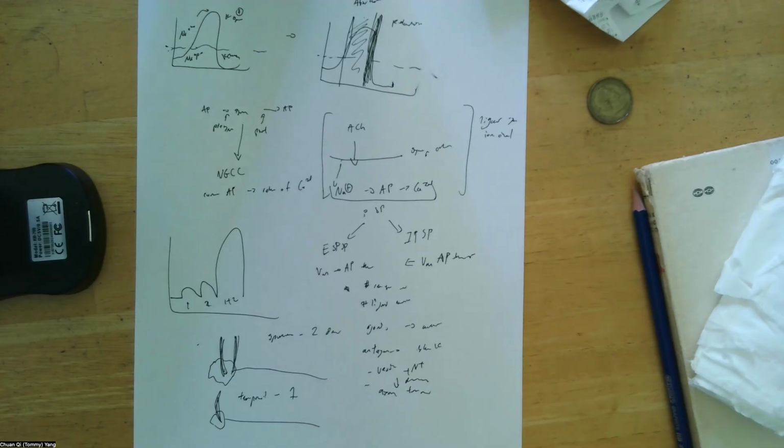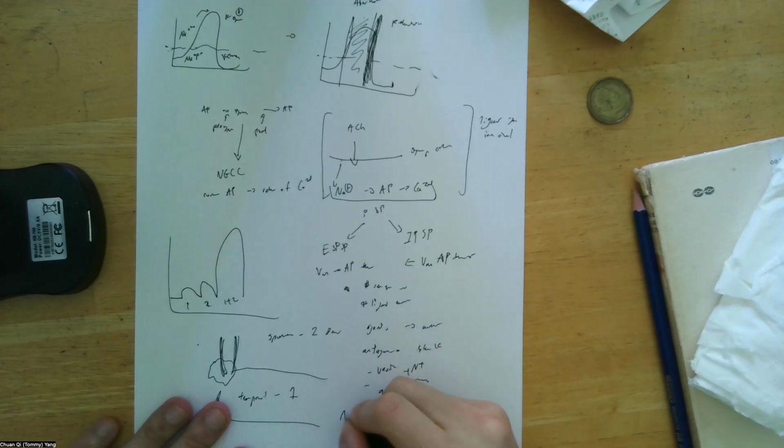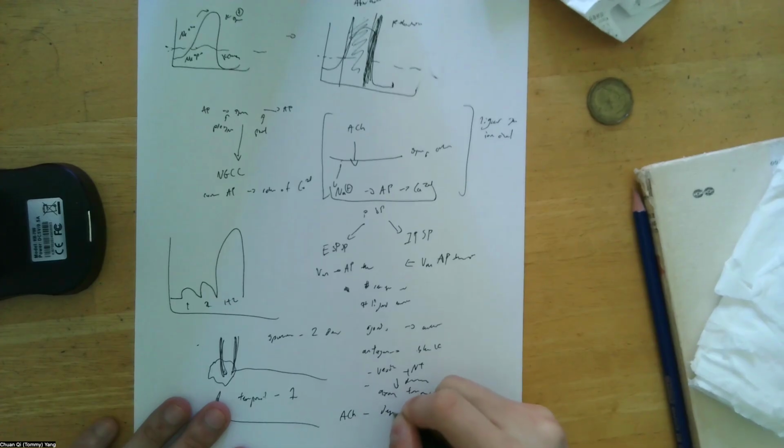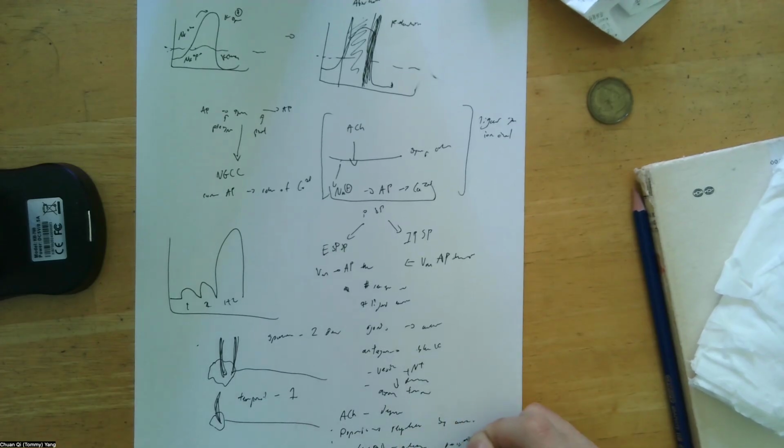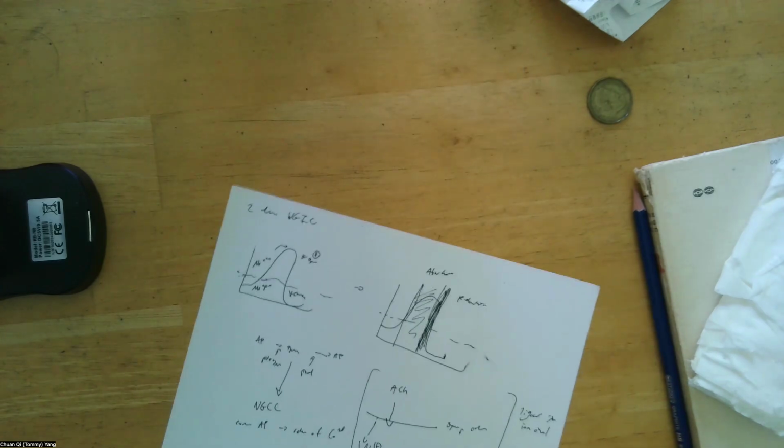And this is done in many ways. Acetylcholine is degraded. Dopamine is directly reuptaken by axon terminals, while glutamate and GABA use astrocytes to recycle. And yeah, this is the main idea.